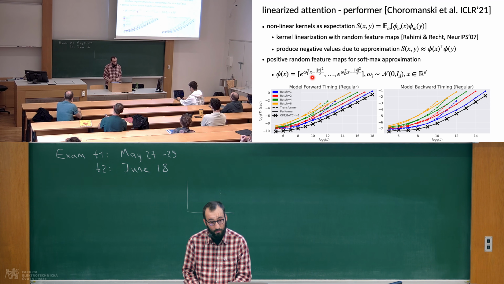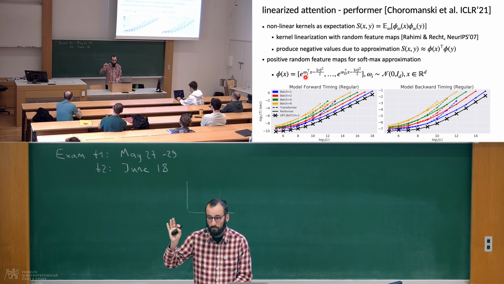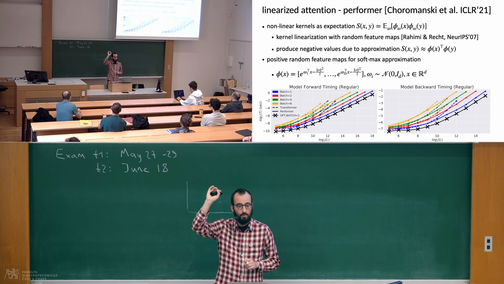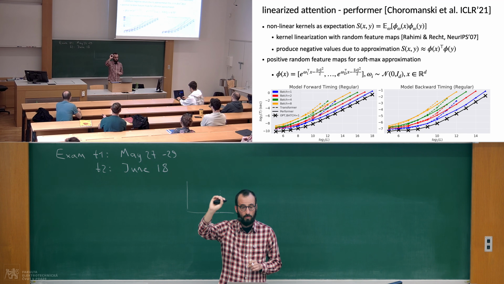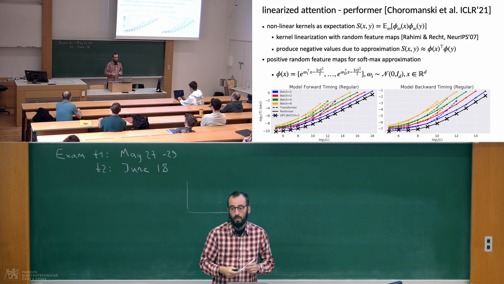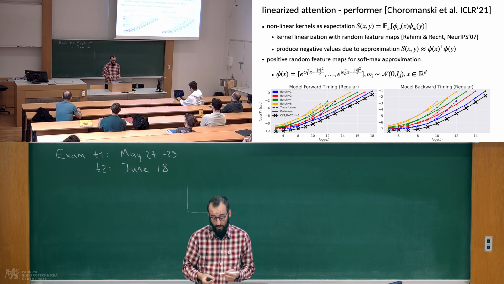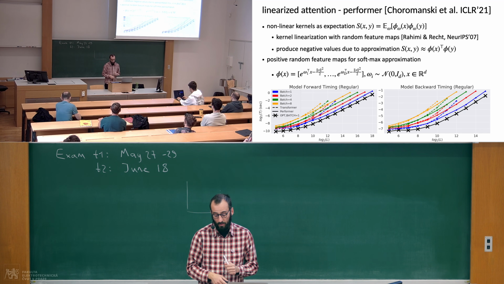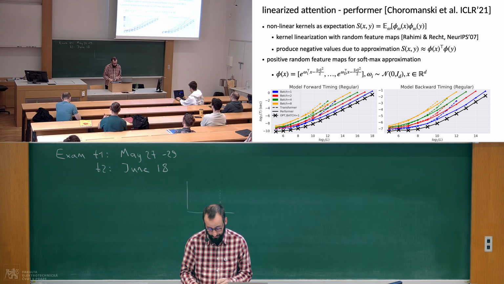Now you take your vector x, project it to some random vector, subtract some constant, and then pass it through an exponential. This gives you one scalar, the first dimension of your vector. You do this for many projections, and that's what you get. And this allows you to linearize the attention.